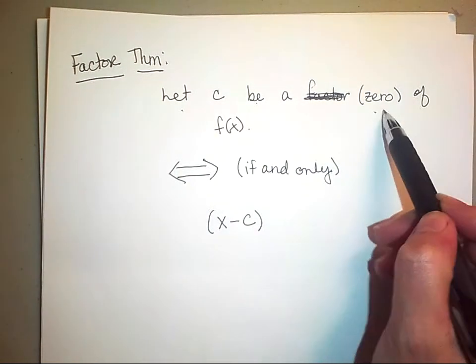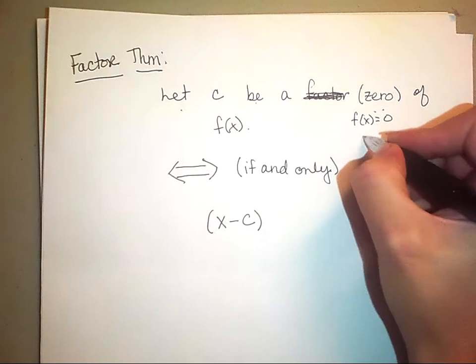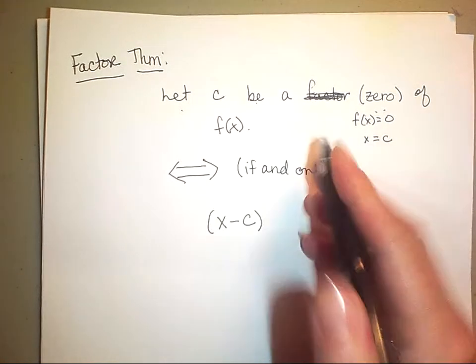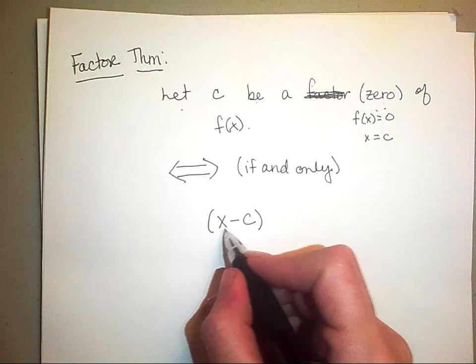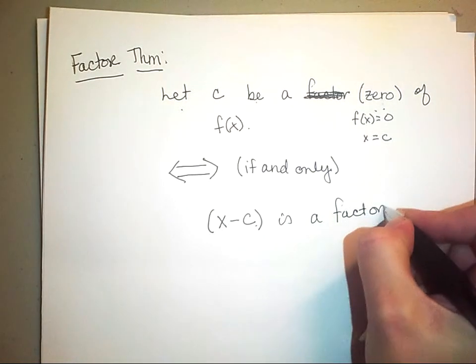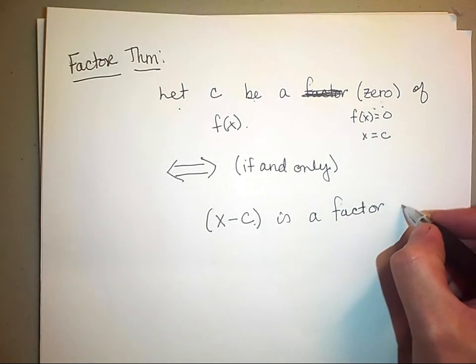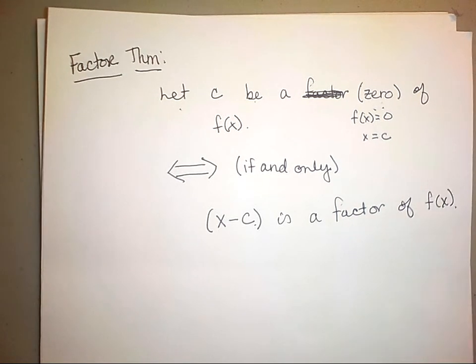Let c be a zero. Okay, so it's a solution. So if we take f of x and we set it equal to 0, then we would get x is equal to c. So whatever that c is, a zero of the function, if and only if x minus c is a factor of the function f of x. Okay.